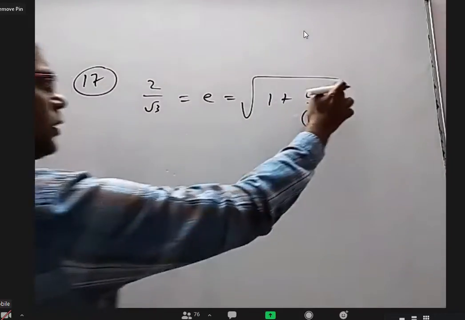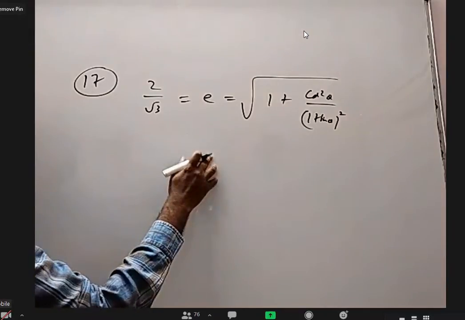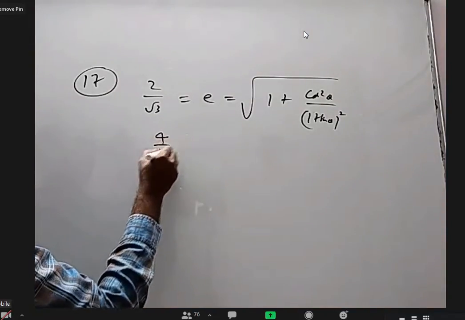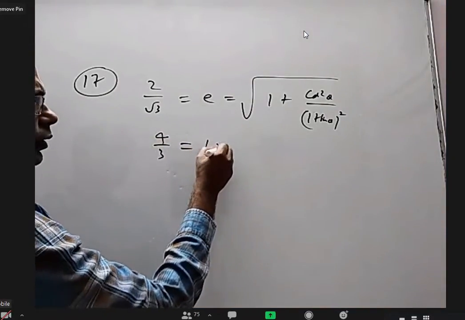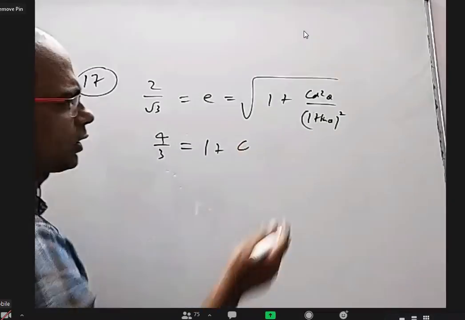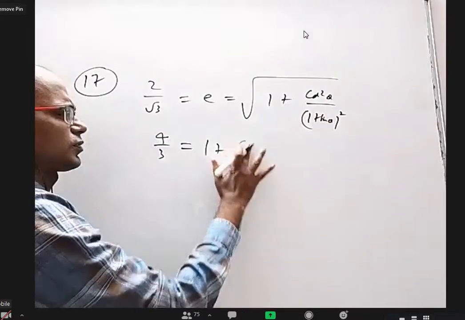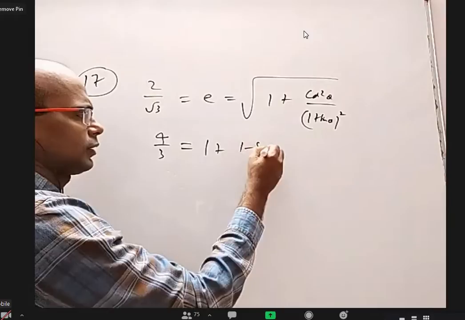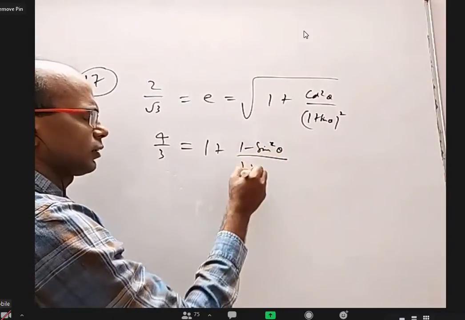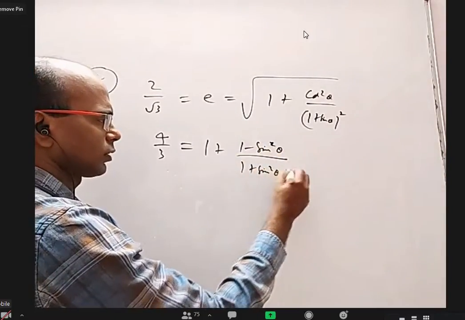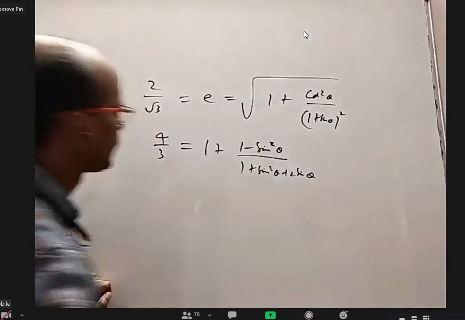This is b square and this is a square. We are using the eccentricity formula. Now when I square it, it will be 4 by 3 is equal to 1 plus, I want to convert everything into sine because this is in terms of sine: 1 minus sine square theta by 1 plus sine square theta plus 2 sine theta.